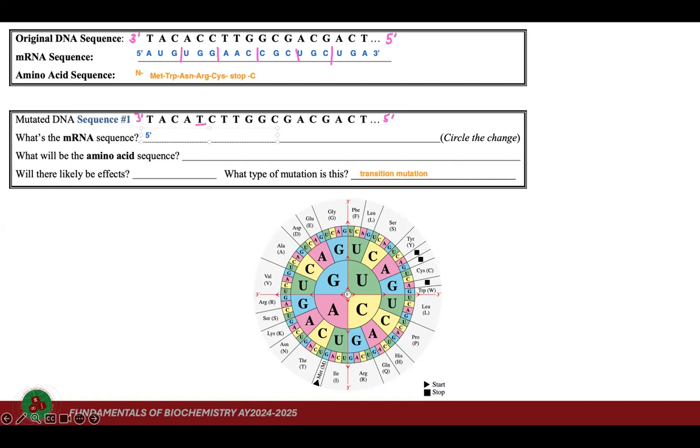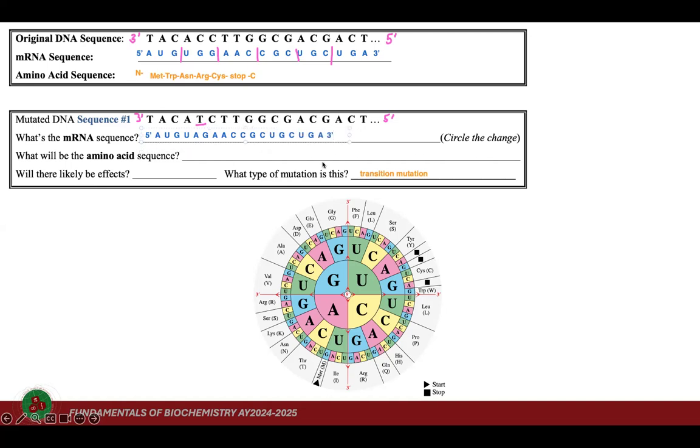We have A, U, G, U, but this time it's an A, and then G, and then the rest are the same: AAC, CGC, UGC, and UGA.